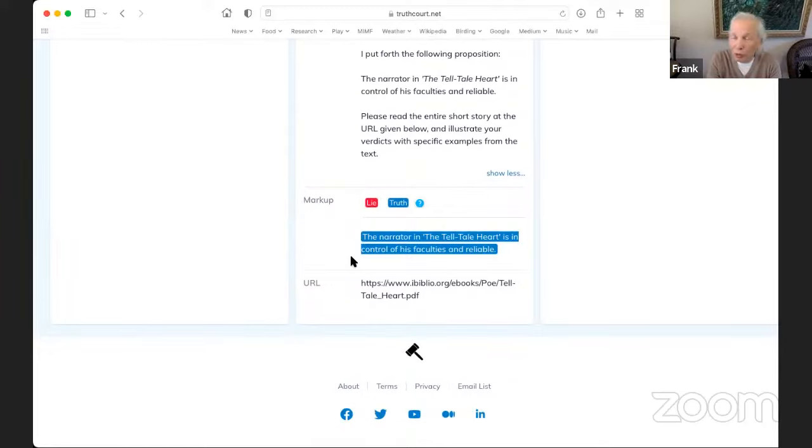This is not the usual position that folks take when they read this story, but I'm taking it because it'll be good to argue against. Notice that I have highlighted it in blue, meaning that I think this is the truth, that the narrator is in control of his faculties and is reliable.